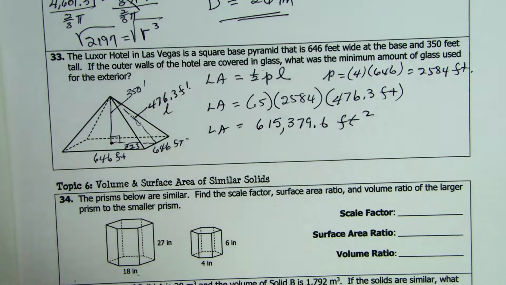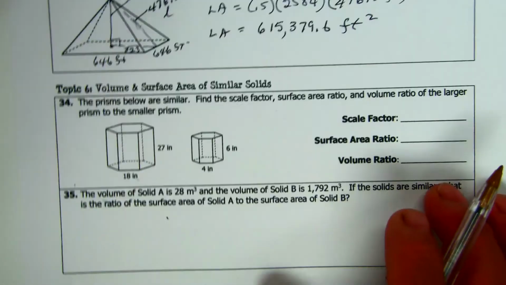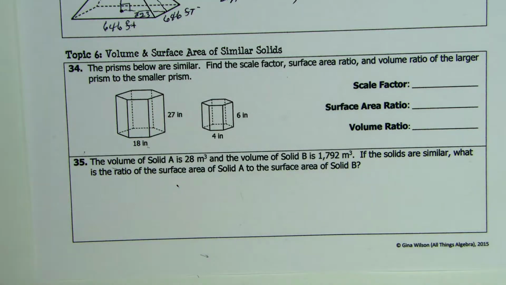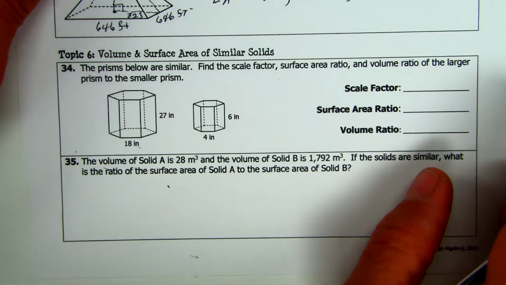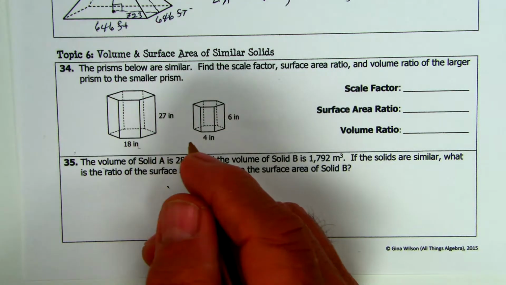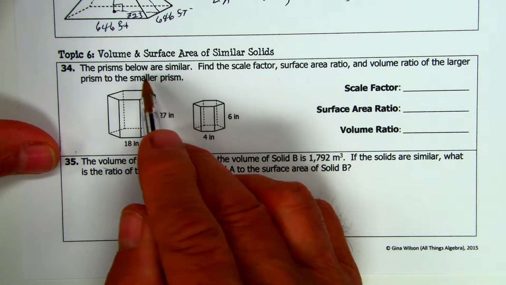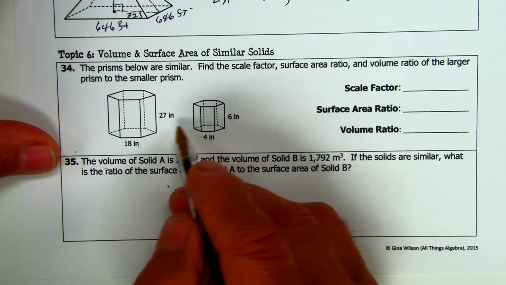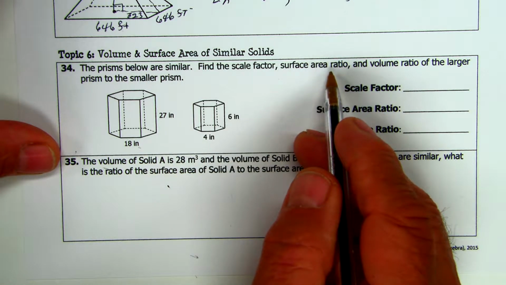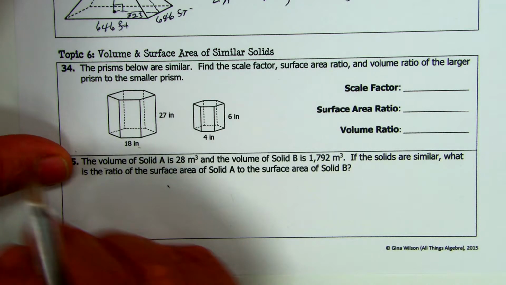Okay, let's move on to topic 6, volume and surface area of similar solids. It says the prisms below are similar. Find the scale factor, the surface area ratio, and the volume ratio of the larger prism to the smaller prism.